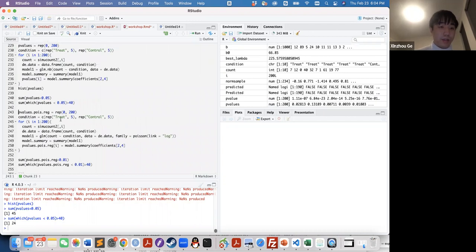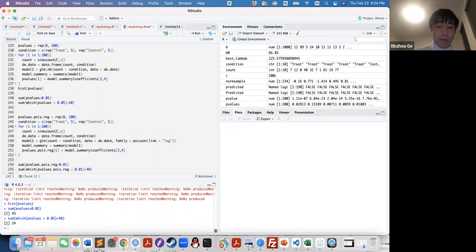Just to make sure that our results are good, the FDP is the proportion of false discoveries, which will be the number of false discoveries over the number of total discoveries.